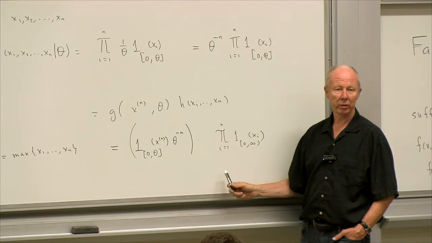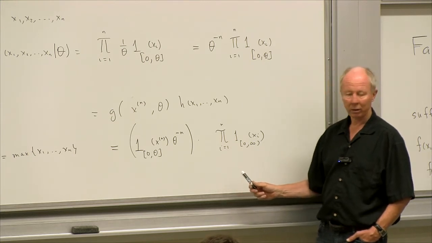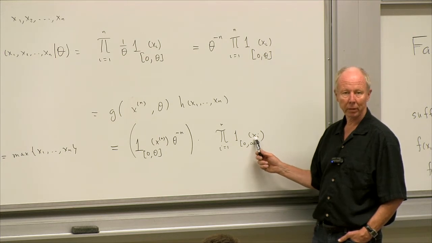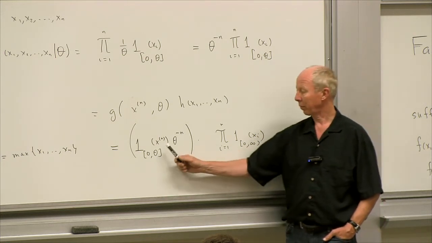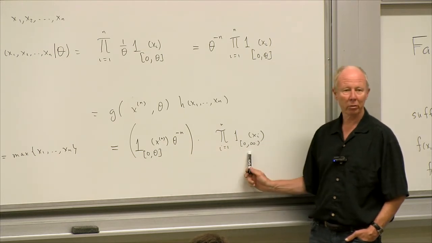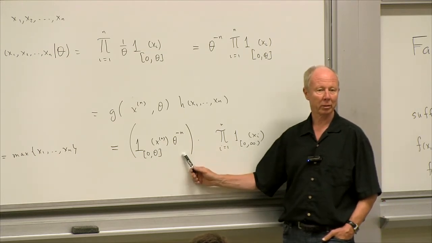If all the x's are between 0 and theta? This one says all of them are bigger than or equal to 0. What does this one say? The largest one is less than theta. So what about the rest of them? They all have to be less than theta. So this would be 1, this would be 1, you get theta to the minus n.